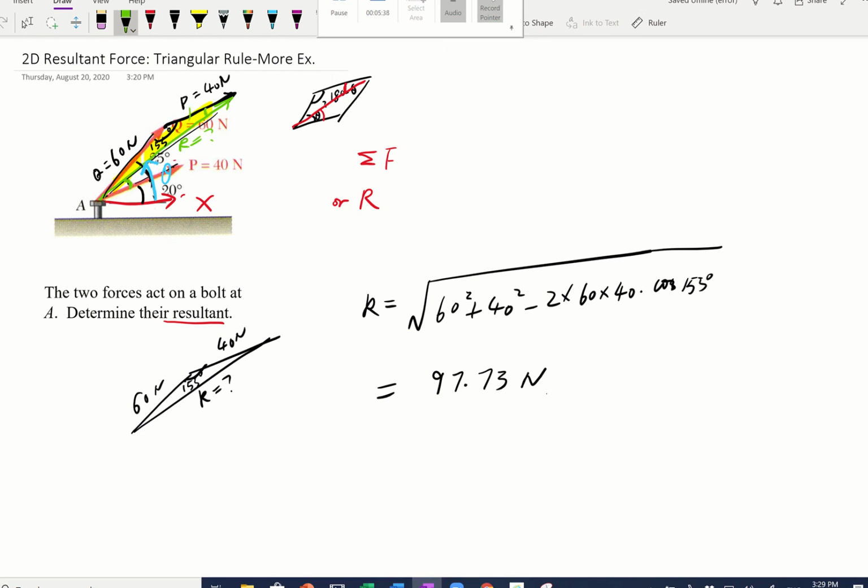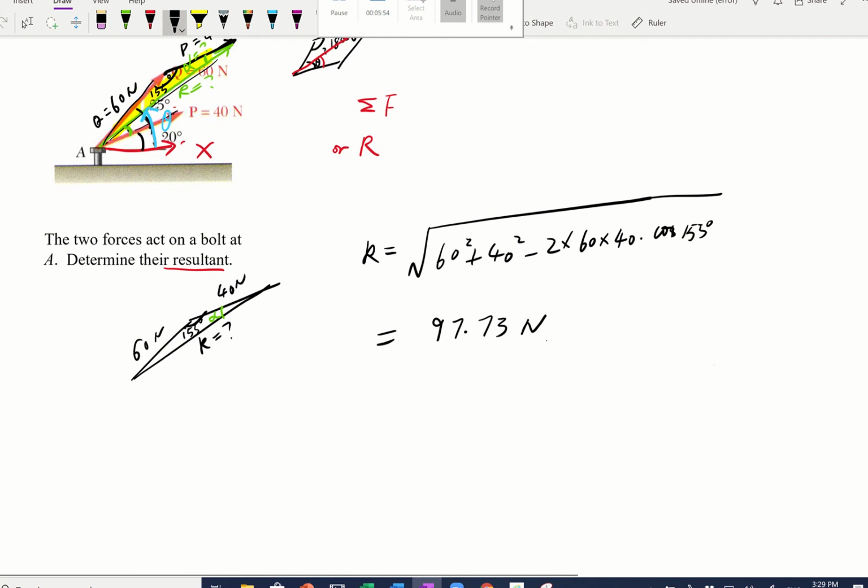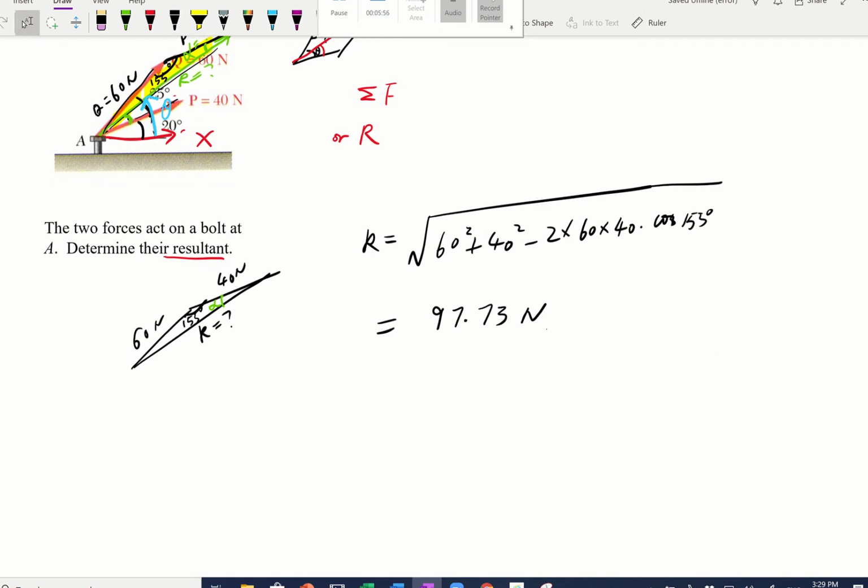Again, we're going to use alpha. So what is alpha, and how do we solve it? Alpha translated in this triangle will be right here. That's our alpha. You start to see it's basically the same concept as in the last video. We're going to use the sine law now.